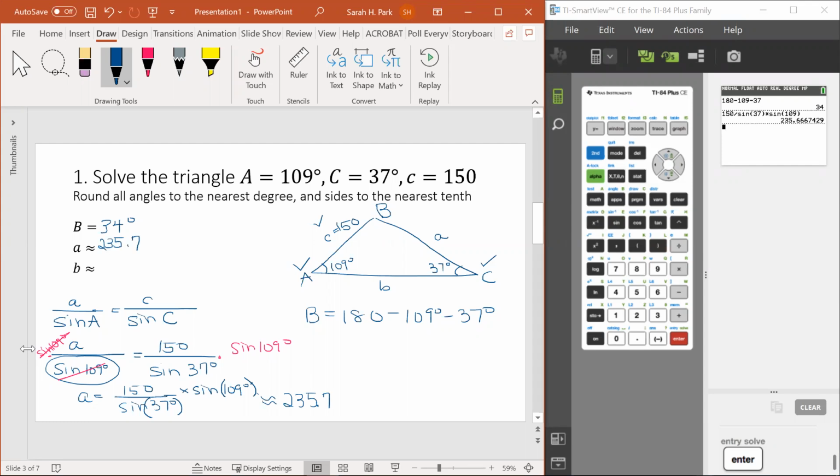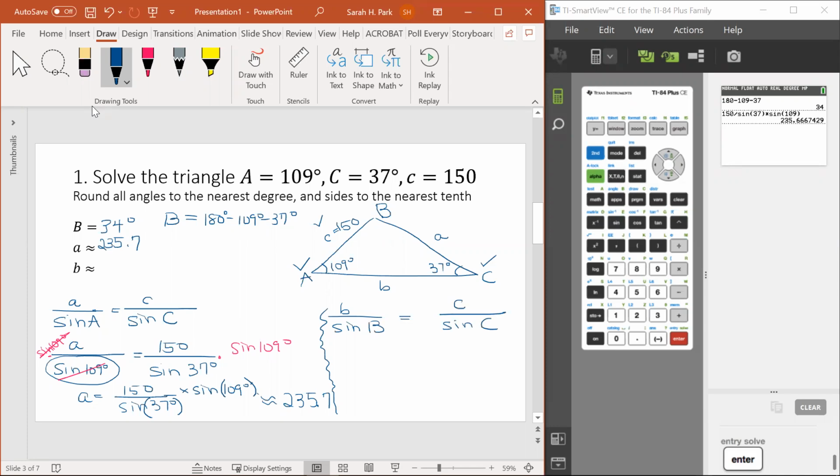Now we have to find b, and we're going to do it in the same manner. Angle B is 180 minus 109 minus 37 degrees. To solve for side b, we're going to basically do the same thing, using b over sine of B and c over sine of C again.